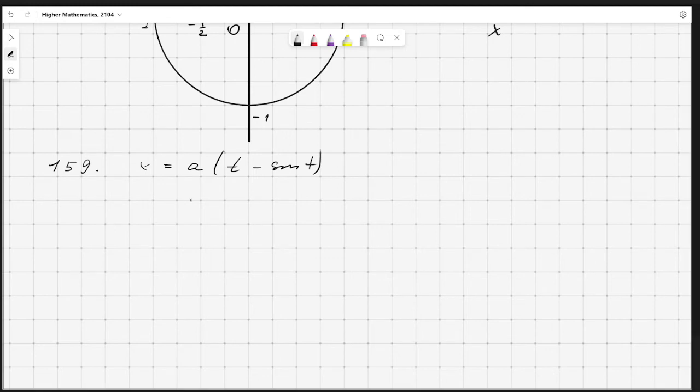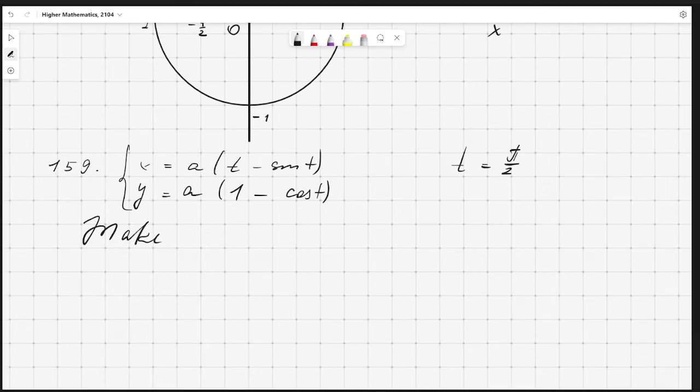Y is a times 1 minus cosine of t, where t is pi over 2. Make a drawing.